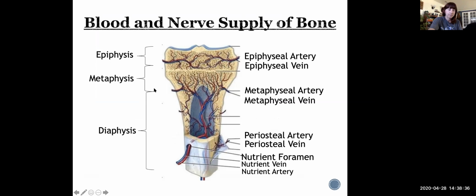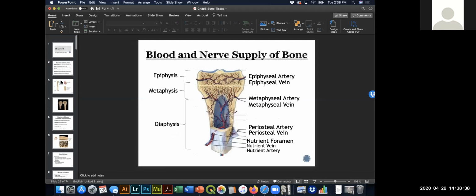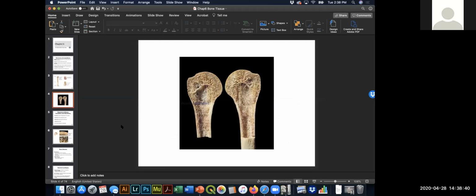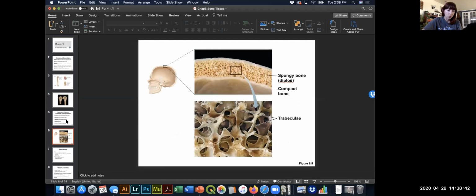Let's see. That's awesome. What about where we find compact versus spongy bone tissue? So you've got compact bone tissue making a shell around all of your bones. And then you've got spongy bone tissue inside all of your flat, short, irregular, and sesamoid bones.